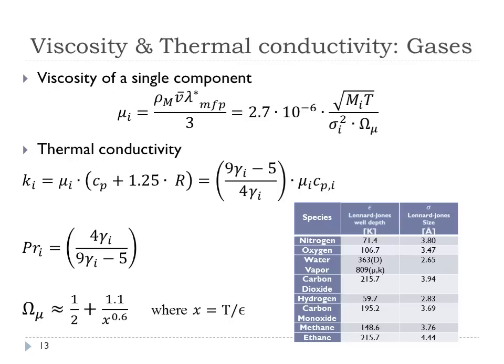Big sigma sub mu is roughly equal to 0.5 plus 1.1 divided by x to the 0.6, where x is equal to the actual temperature divided by epsilon. Epsilon here is the Lennard-Jones well depth.